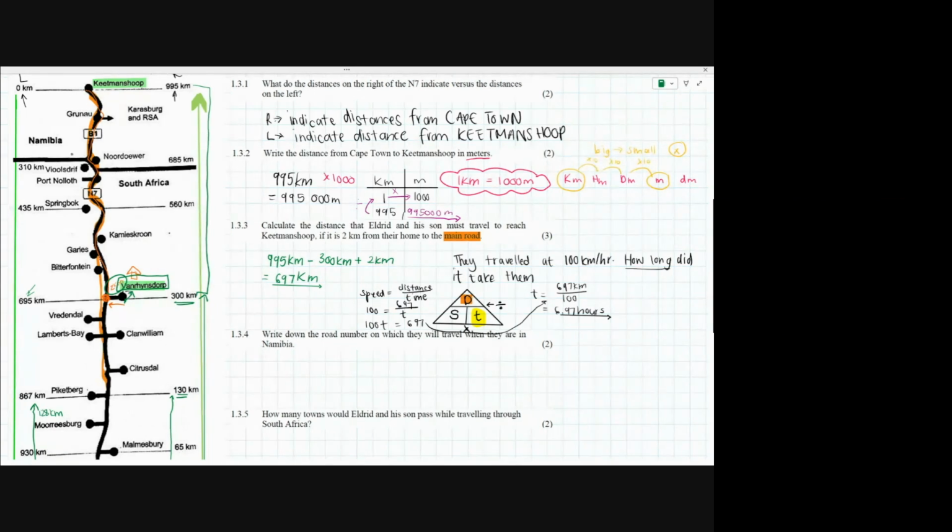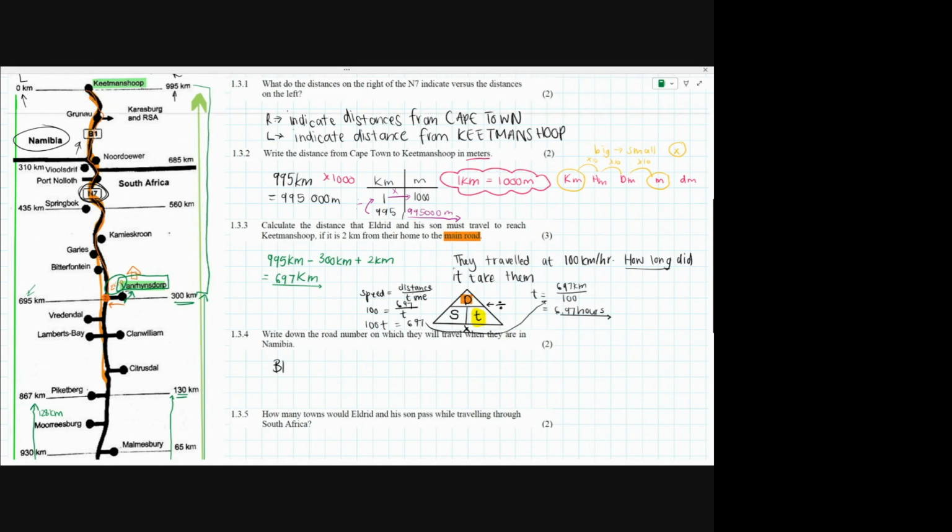Is it B1? Nice. Okay, good. B1. So here's Namibia. They've crossed over into the border, and it basically changes from N7, which is how we label our roads, into Namibia B1. Perfect. Easy 2 marks, sorted.